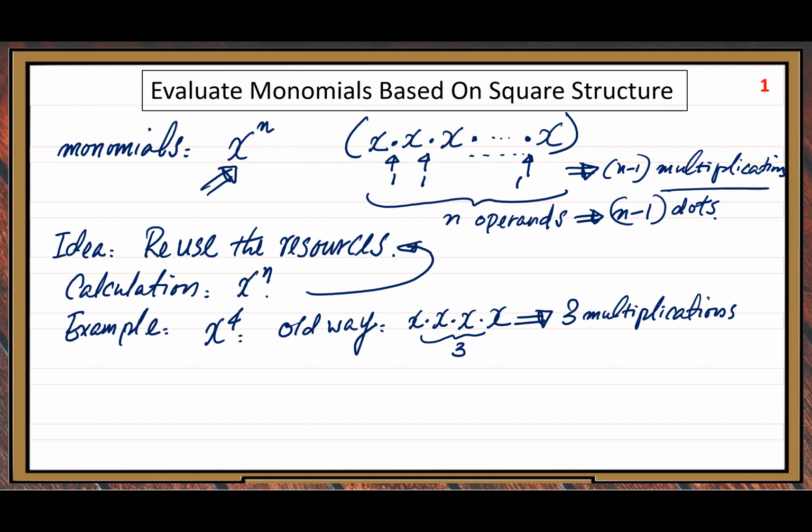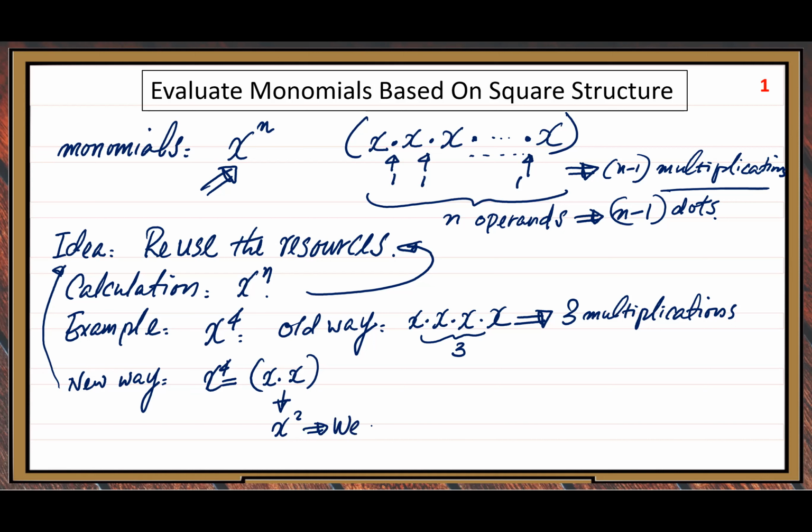Now the new way, we try to use this idea of reusing the resource. x to the fourth, this time: x dot x, one multiplication, gives us the x squared term. We have the value.